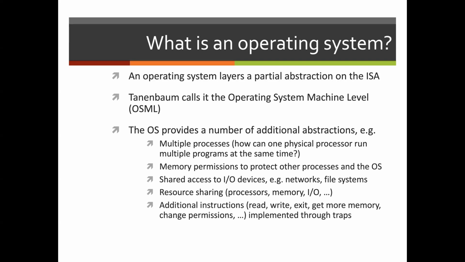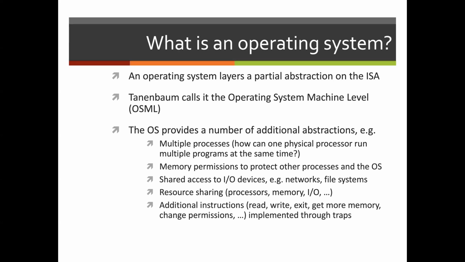At a high level, an operating system allows for multiple processes to occur and execute. And this is behind the idea of having one physical processor that can run multiple programs at the same time. An operating system is also responsible for providing appropriate memory permissions that enable other processes in the OS to be protected.